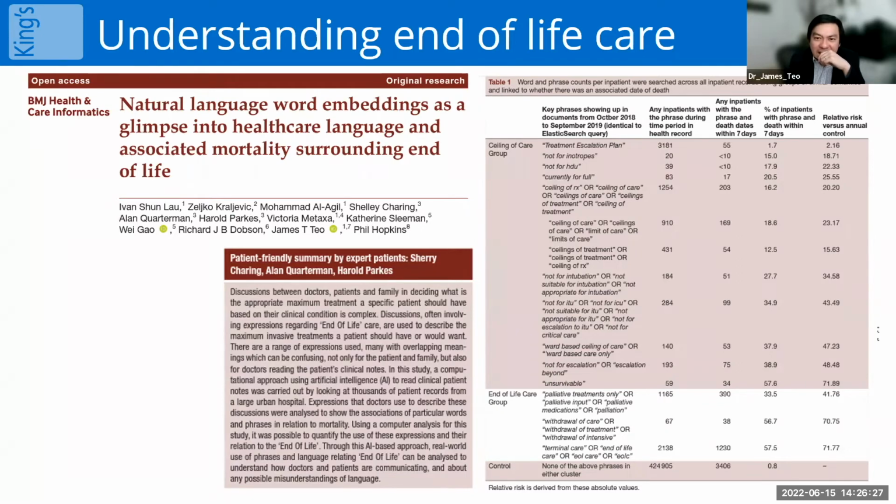This is what doctors are actually using to describe these things. But obviously, this could also be done on other corpuses of text if we were dealing with specific advanced care plan documents or palliative care documents or mental health documents. You would have a very likely different picture, and it was quite informative in terms of the kinds of phrases that people would use.